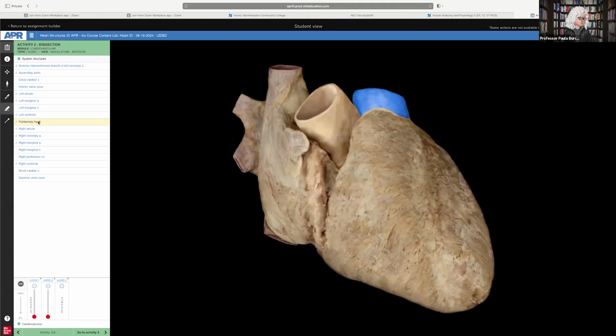So the color represents the degree of oxygenation. Blue will be poorly oxygenated or deoxygenated blood. Red will be richly oxygenated blood. What determines whether it's an artery or a vein is the direction in which it is transporting blood. So arteries always transport blood away from the heart, veins toward the heart.